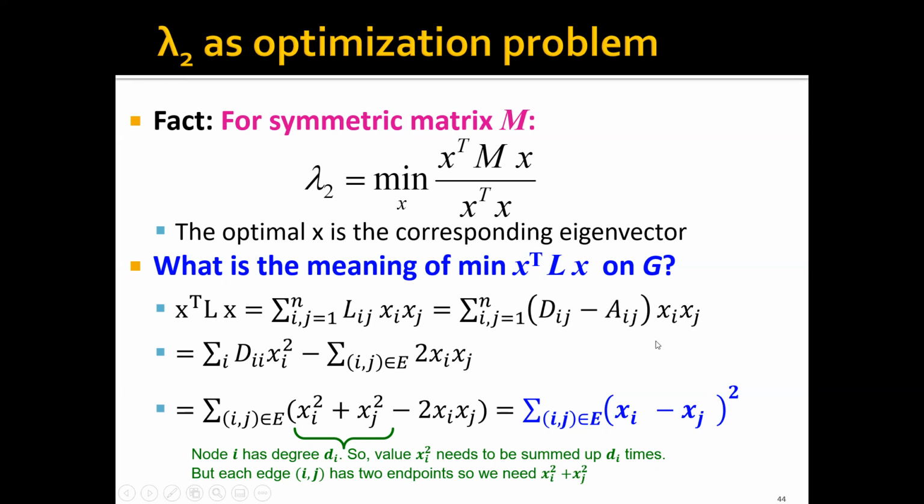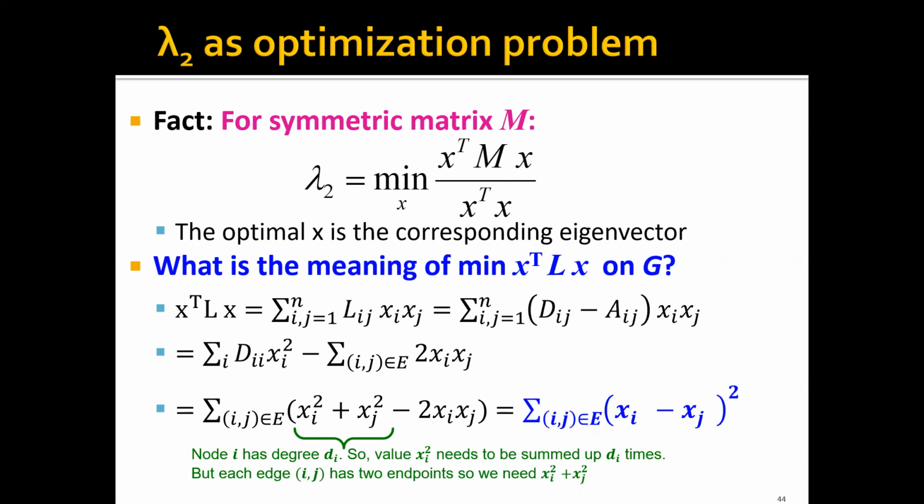If we split this into two terms, the first term is a sum over Dii times xi squared. This is because the degree matrix is a diagonal matrix, so it only has non-zero entries on the diagonal.